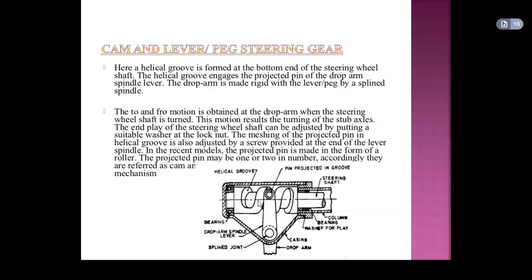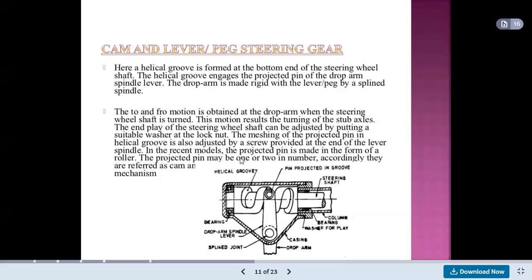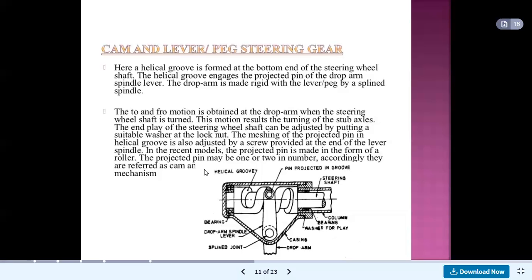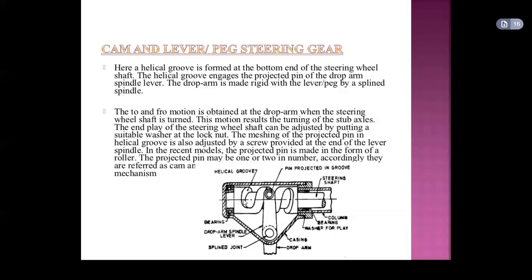The meshing of the projected pin in the helical groove is also adjusted by a screw pivoted at the end of the lever spindle. In recent models, the projected pin is made in the form of a roller. The projected pin may be one or two in number, and accordingly they are referred to as cam systems and mechanisms.